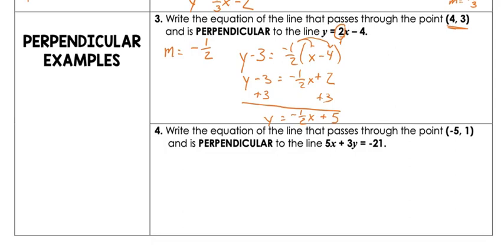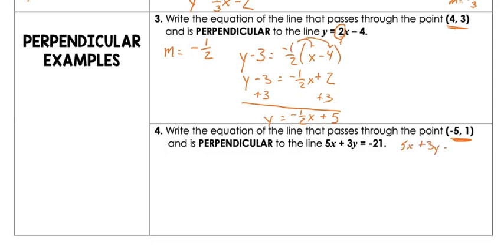Let's do one more. Again, we have an equation that passes through a point. We know what that is, so that's the point we use in point slope. It is perpendicular, so I want to find the opposite reciprocal. And the line I've been given is 5x plus 3y equals -21. Again, this is not in slope-intercept form, so I'm going to rewrite it over here so that I can move it around.